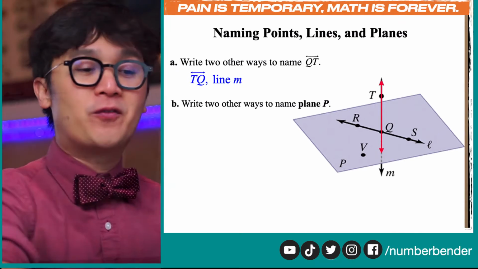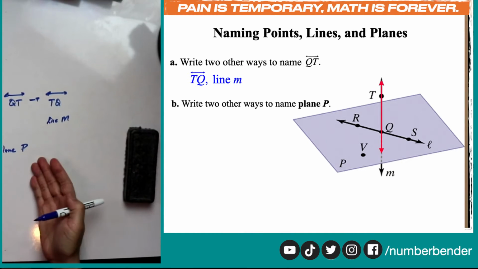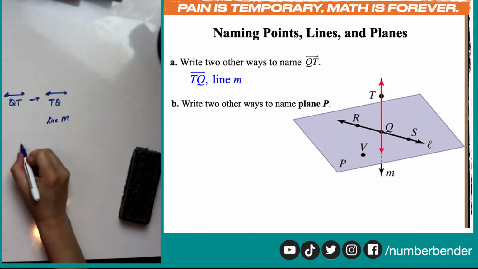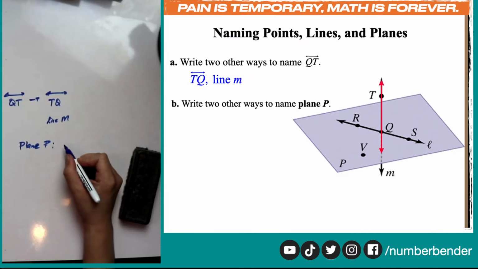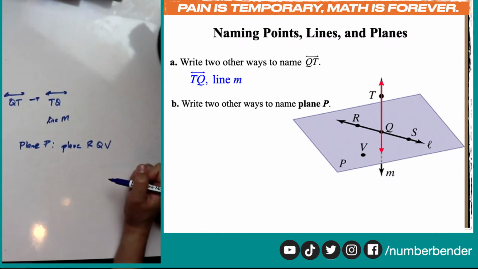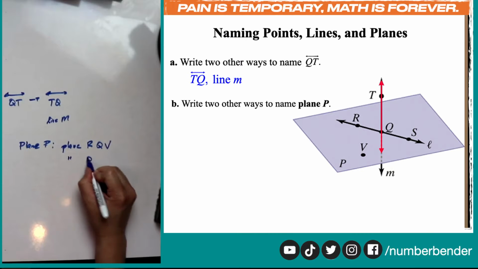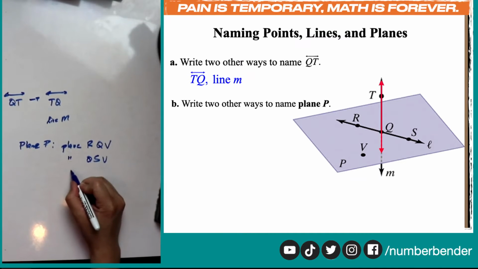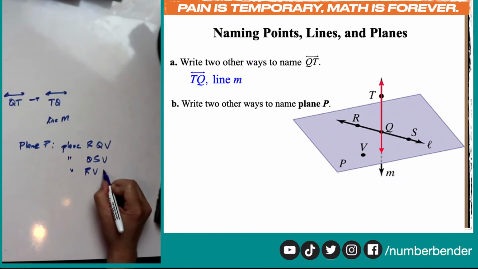So that means if we're going to write another notation for plane P, another way of writing it would be plane RQV. Pwede din siyang plane QSV. At pwede din siyang RVS.